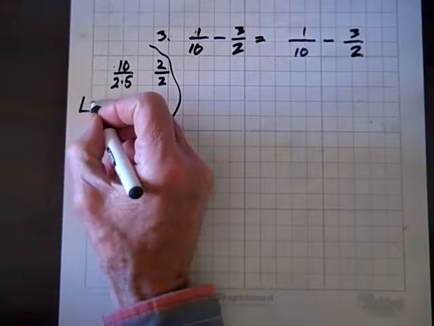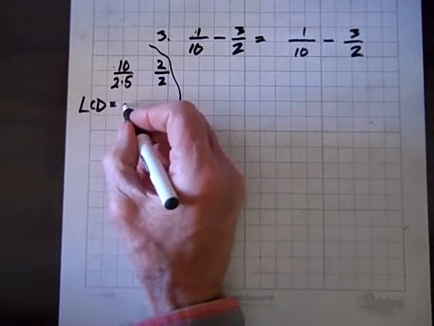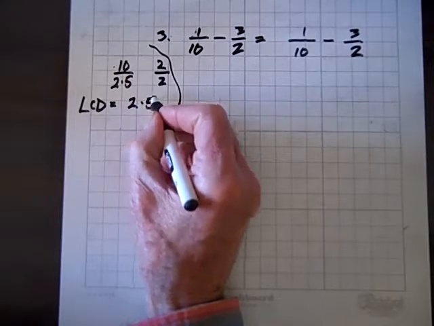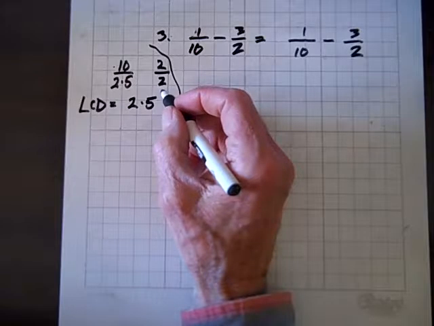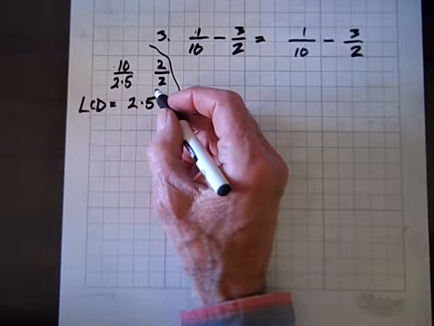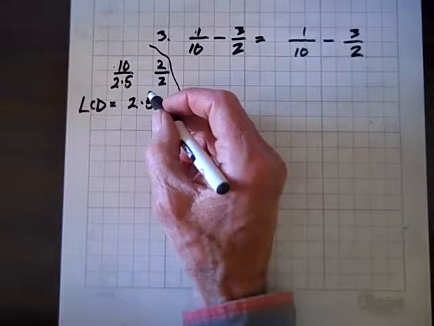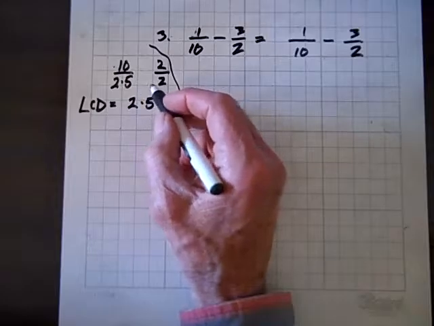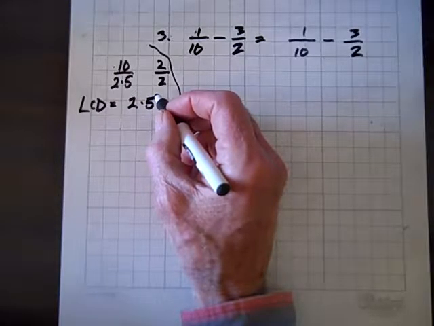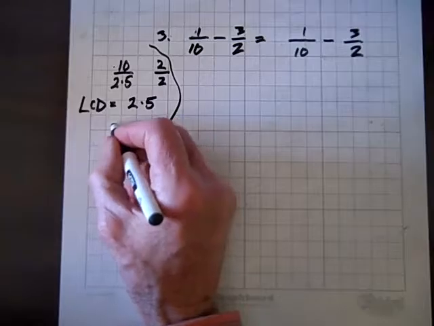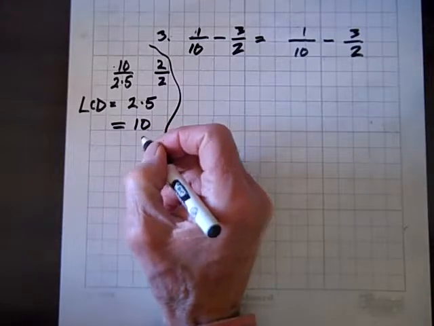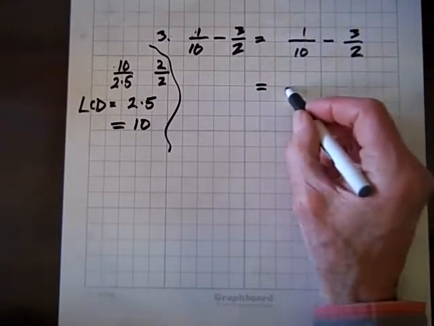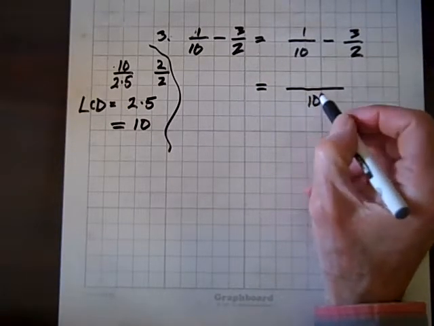So the LCD equals, write down each prime factor, so 2 times 5. We don't have to write the 2 down twice. And then install the largest exponent on each of those factors. Well, the largest exponent on 2 that occurs is 1, and on 5 that occurs is 1. And why don't we see it? Because it's understood. So we'll find the product of those two, and it's 10. So our common denominator is going to be 10.